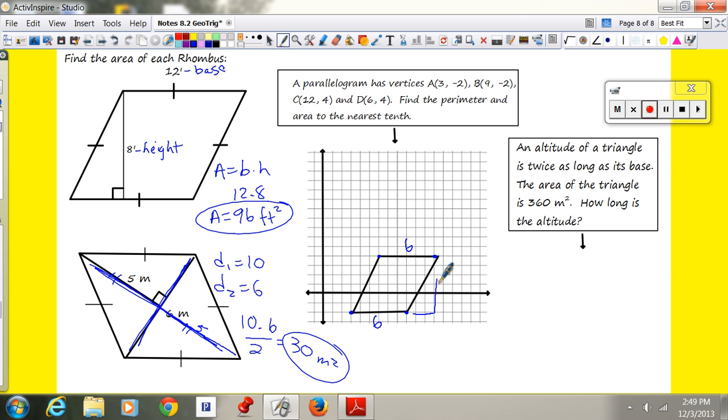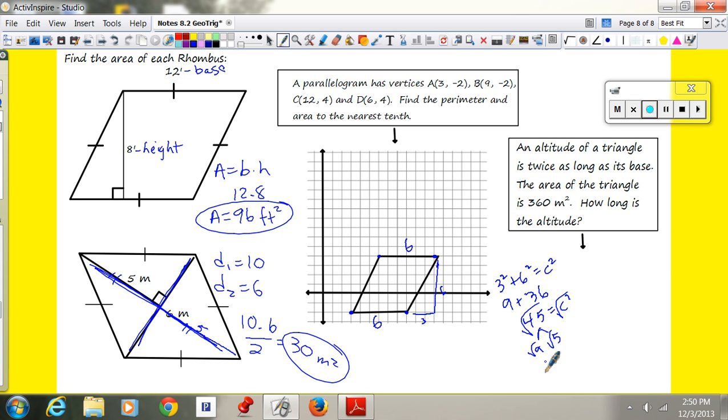We could use Pythagorean theorem here to get this side, or we could use distance formula. You'd go over 1, 2, 3. Then go up 1, 2, 3, 4, 5, 6. So 3 squared plus 6 squared equals c squared. 9 plus 36 would be 45, not 47, sorry. 45 equals c squared, so it's square rooted.